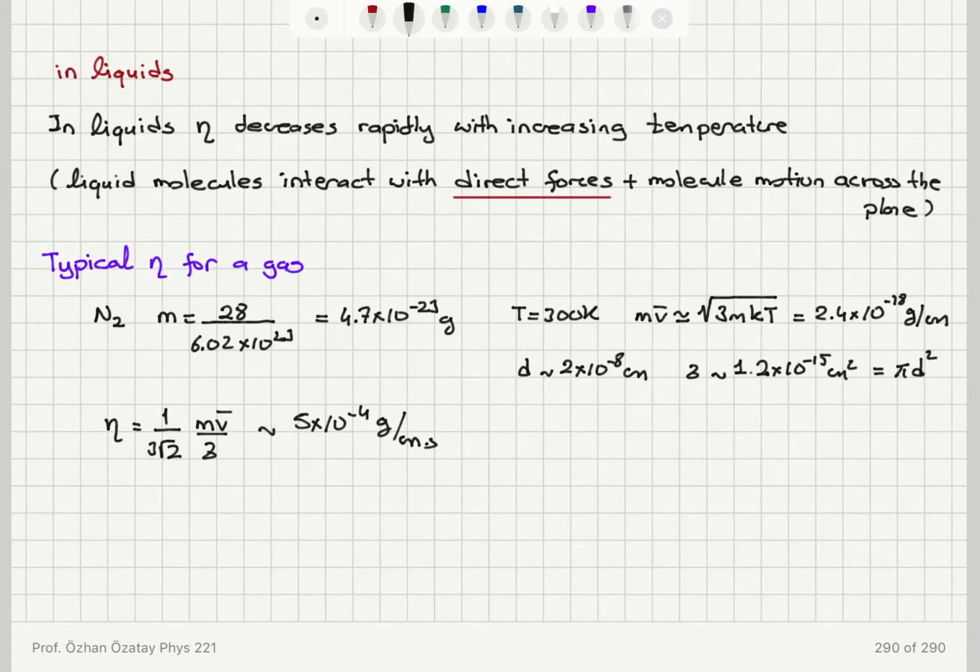So in units of poise, this is 5 × 10^-5 poise, the typical value of coefficient of viscosity for a dilute gas, in this case nitrogen gas.